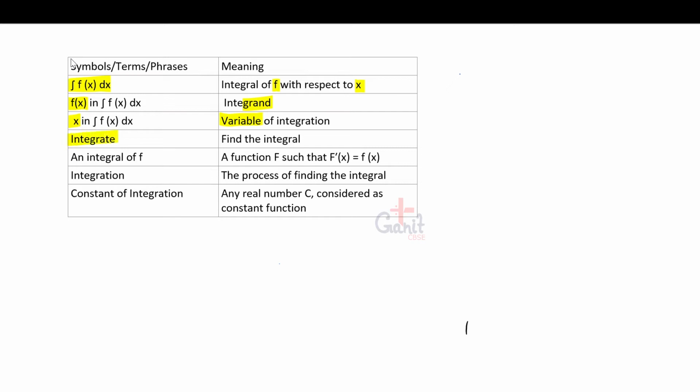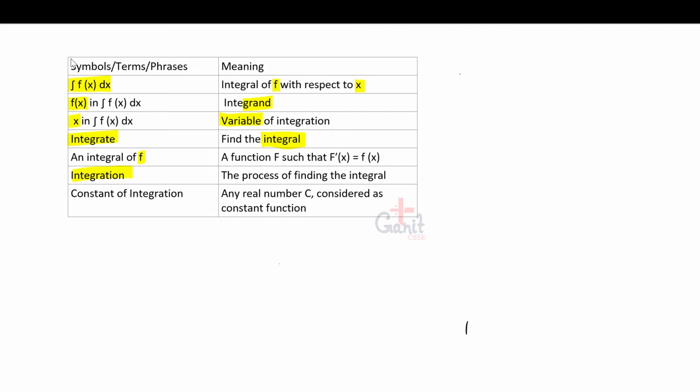To integrate means to find the integral. If you integrate a function, you get an integral; if you differentiate a function, you get a derivative. The integral of f is a function F such that the derivative of F of x is equal to f of x. We'll talk about that property later.